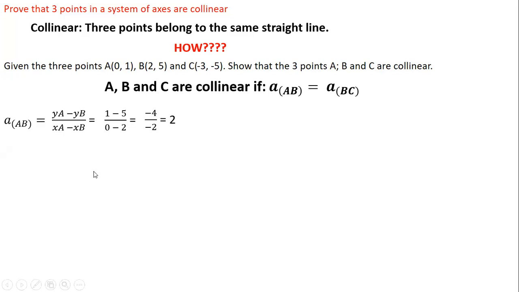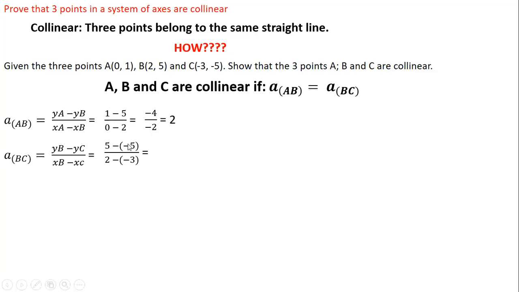Sereen, are you with me or not? Okay, without Sereen, let me ask Abbas. The slope of line BC, Abbas, equals... Okay, the internet is a little bit not good. The slope of line BC is equal to YB minus YC over XB minus XC. Bravo. YB is 5 minus YC, which is minus 5.